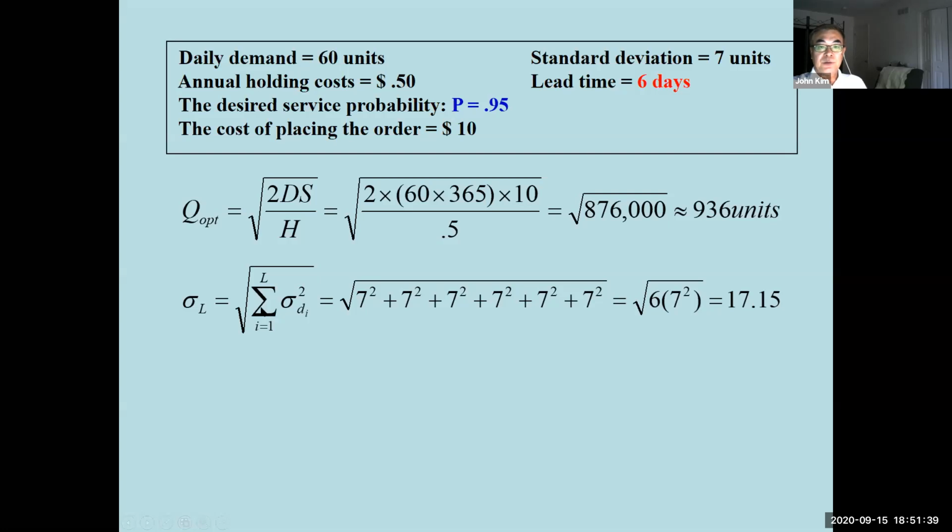Sum from 1 to L, so add L many, L is 6, so 1, 2, 3, 4, 5, 6. So 6 times the standard deviation squared, and then square root, that is 17.15.